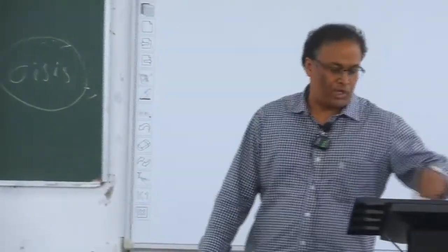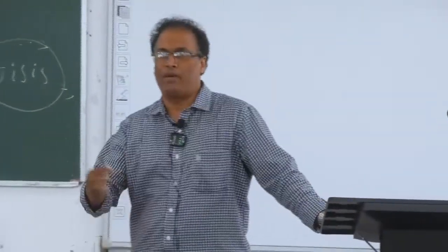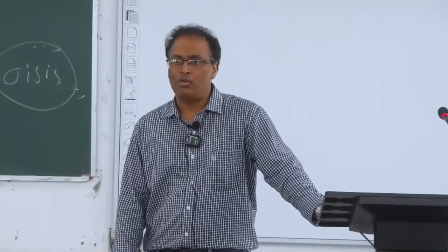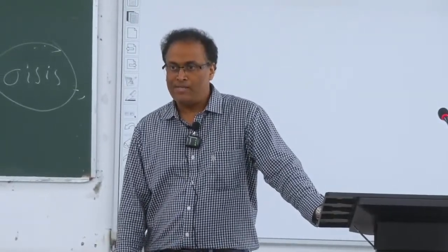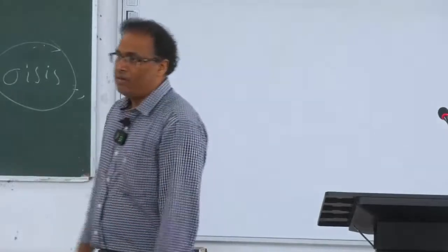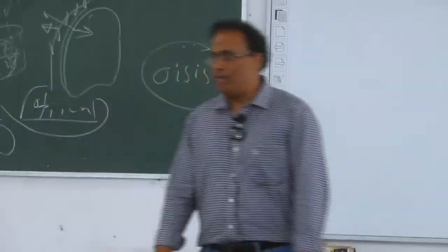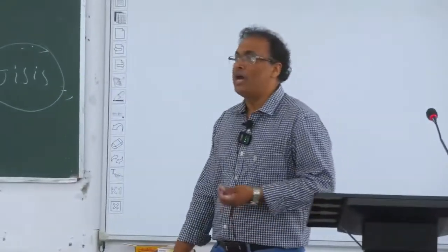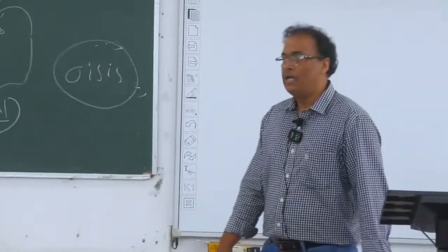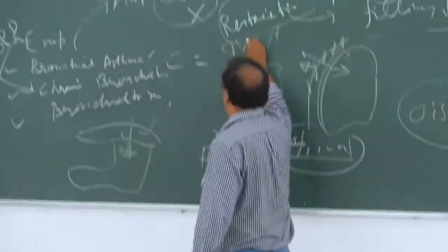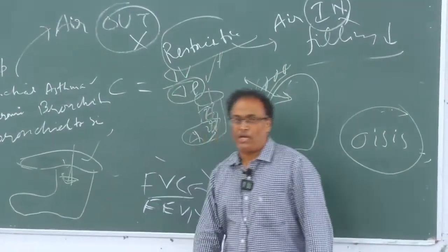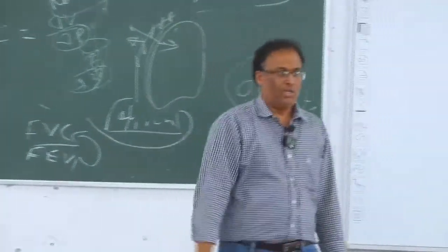Whenever you suspect obstructive pulmonary disease or obstruction is going on, always remember that it is like old socks. That means it can expand but does not recoil. Number one. Number two, compliance is always high. Why is compliance high? Compliance is equal to delta V by delta P, that is, for a unit change of pressure, what is the volume change?